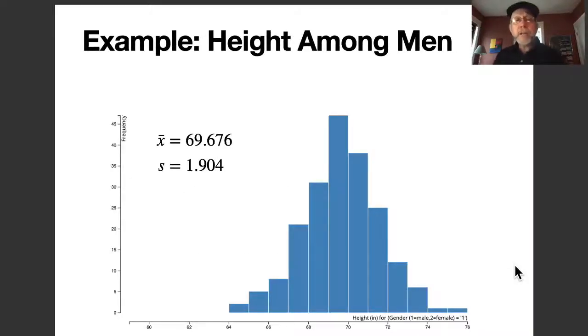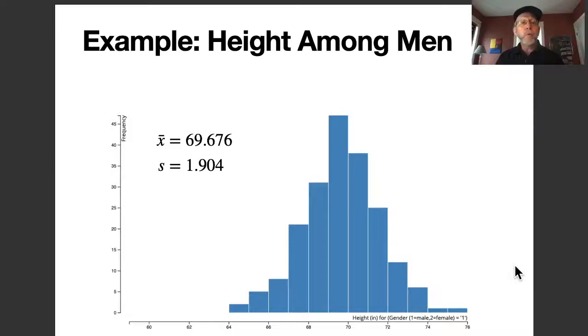So, how does standard deviation play into a graphical representation of a distribution, like a histogram? Well, here's a histogram of heights of men, and you see the mean there is 69.676, and the standard deviation I've calculated using software. This is a large data set.